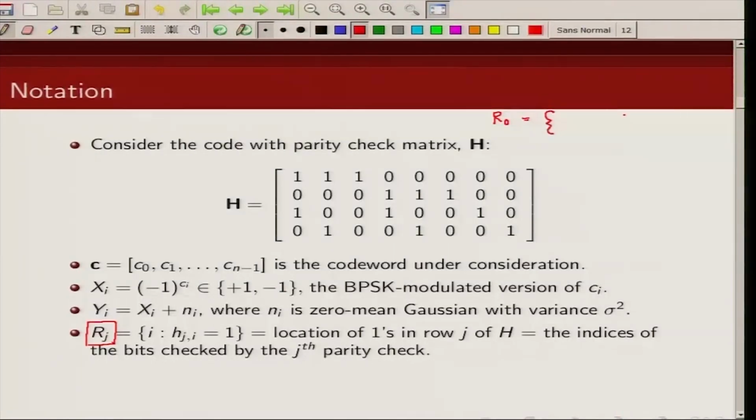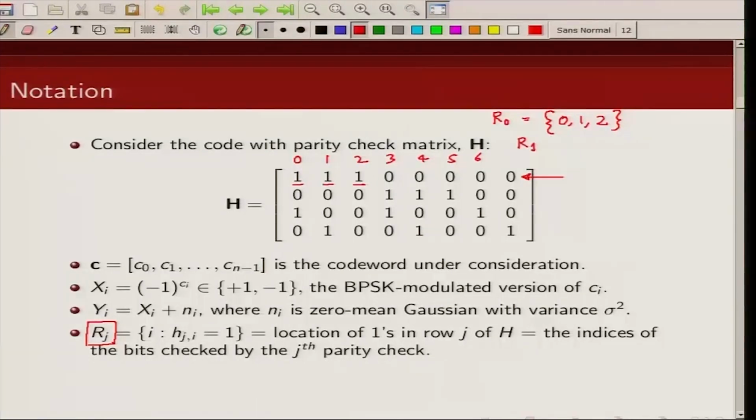R0 corresponds to the 0th row, which is this row. Now, look at the bits that are 1 here. Let us just label the bits 0, 1, 2, 3, 4, 5, 6. So, R0 corresponds to 0, 1 and 2. And what does it mean? It means for the first parity check equation, the bits number 0, 1 and 2 are participating.